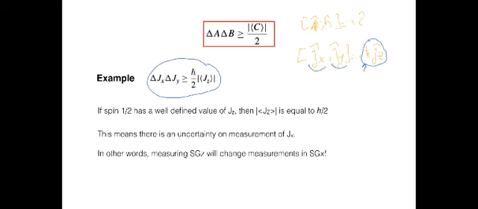And in that case, my uncertainty on Jx can also be 0. And in fact, it can be exactly 0 if I go through an SGX experiment from that. So you see, we can understand all the Stern-Gerlach experiment now based solely on the fact that we have this commutation relationship for Jx and Jy.